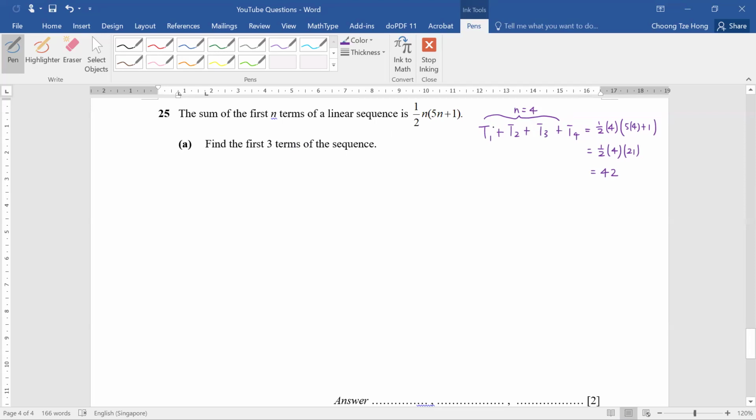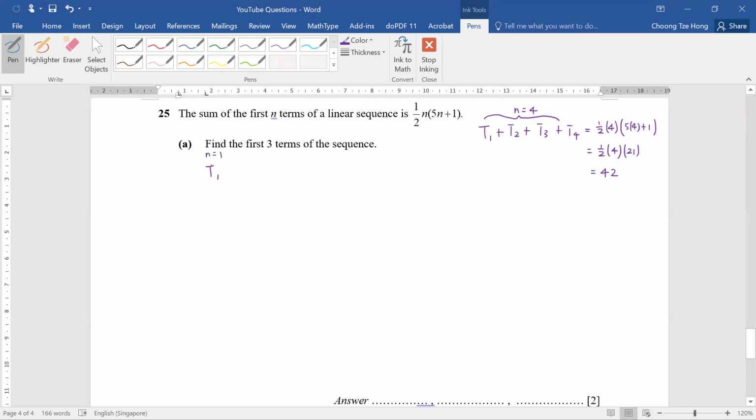It's actually rather easy to find T1, because it's just one term. In other words, it's the sum of the first one term, which is just the first term itself. So n will be equal to 1.